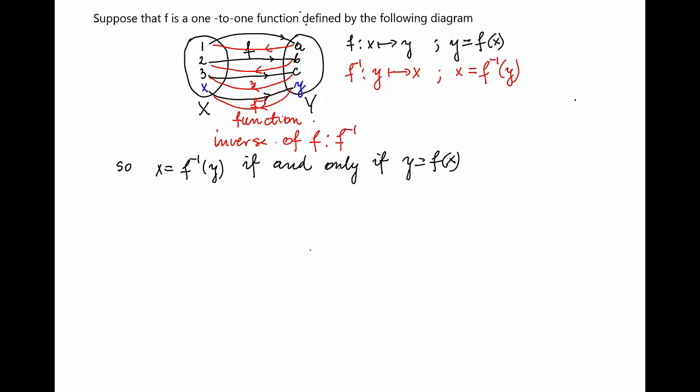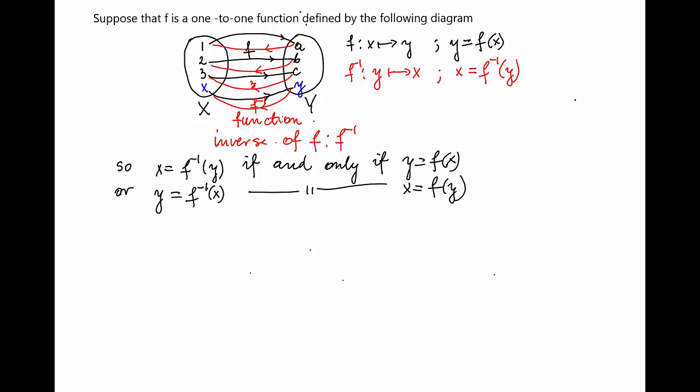Because we usually denote inputs as x and outputs as y, we can rewrite this relationship in the following way. y is f inverse of x if and only if x is equal f of y.